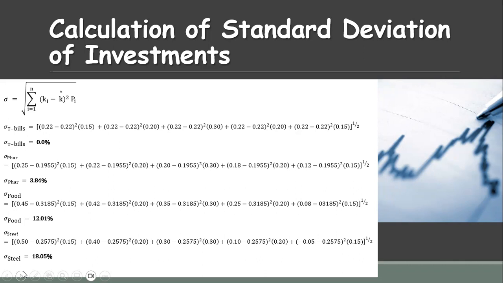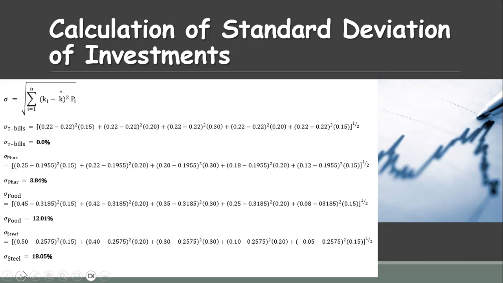31.85%. You will square the difference and multiply by the probability for the boom, which is 15%, and in a similar way you will calculate the total standard deviation for the food sector. It comes to 12.01%. Thereafter, in case of steel, 50 minus 25.75% squared, multiplied by 15%.